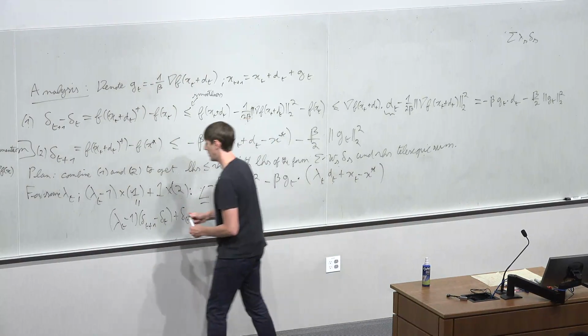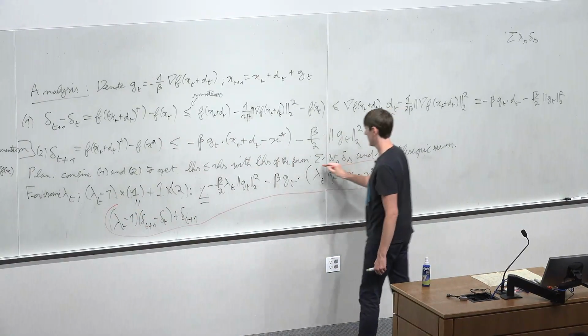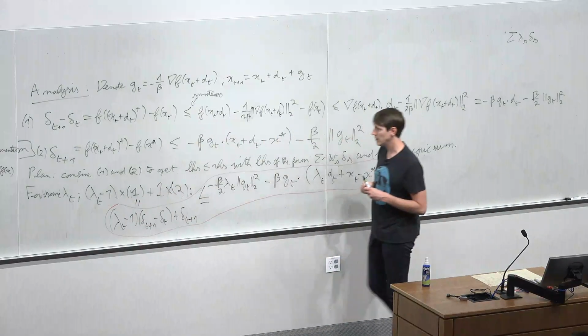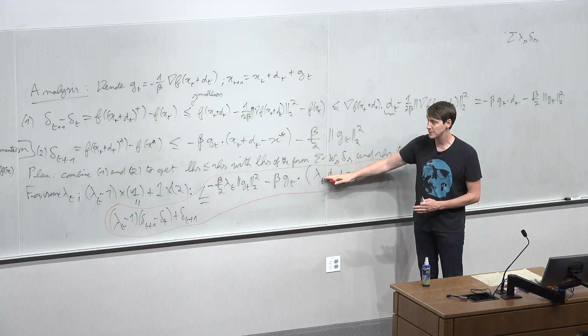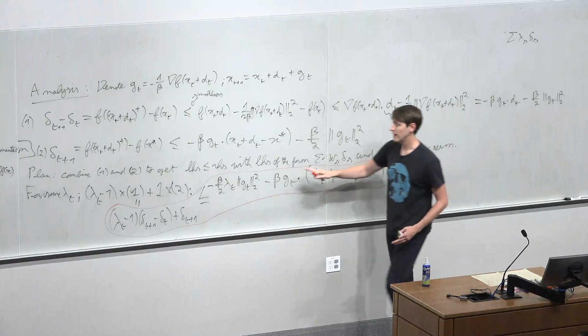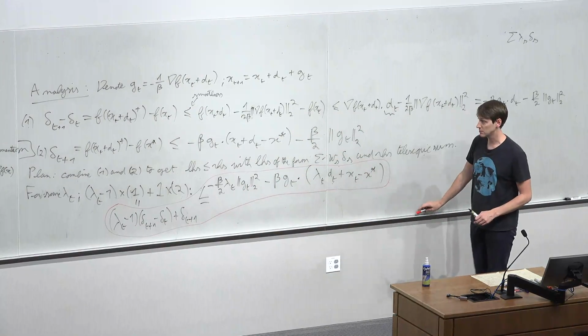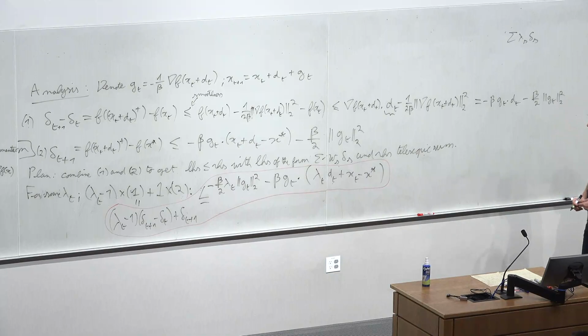Okay, so this is the inequality we have right now. All I'm going to do now is choose the various parameters to get my telescopic sum on the right-hand side. And on the left-hand side, I will identify that I have some weighted combination of the deltas. Okay, so far so good?